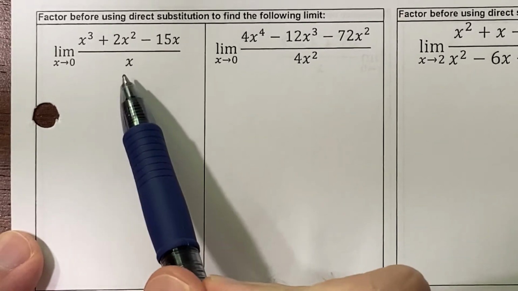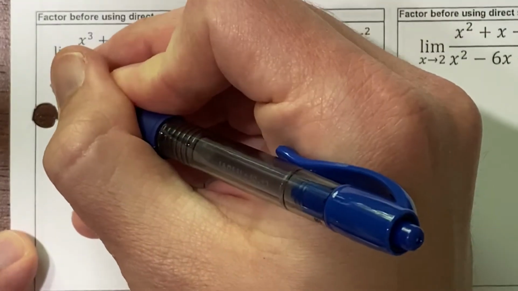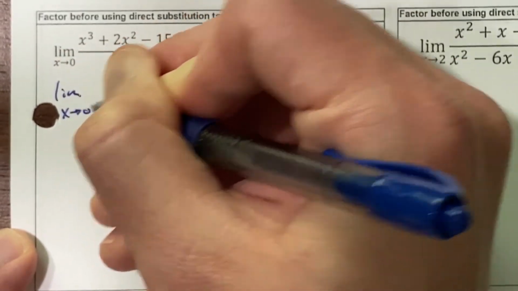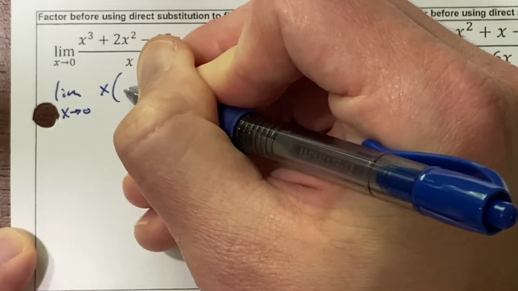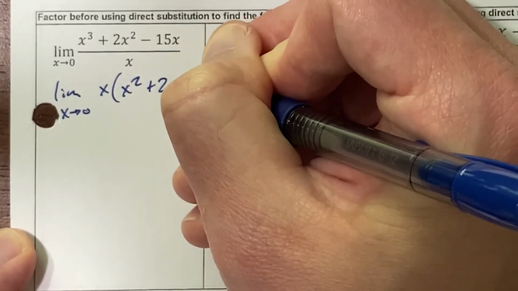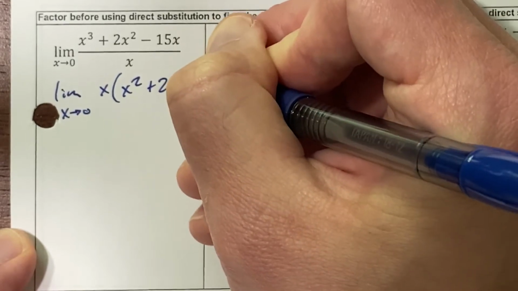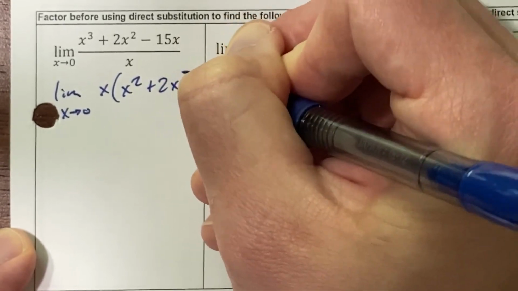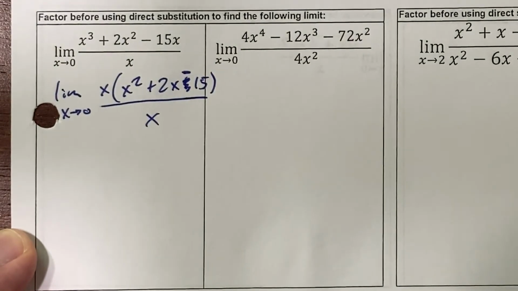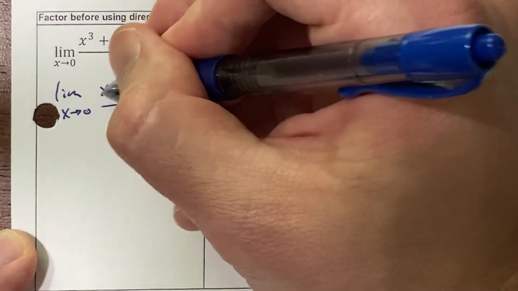Very similar to the first problem. So let's write, I'm noticing the common factor up top, x up top. If I factor an x out, I'll be left with x squared plus 2x. Ooh, that was a minus 15. Max, don't write in pen. Over x. And then I can zap the x's.